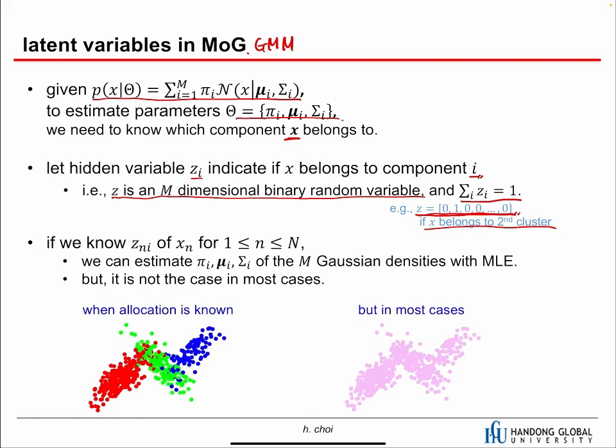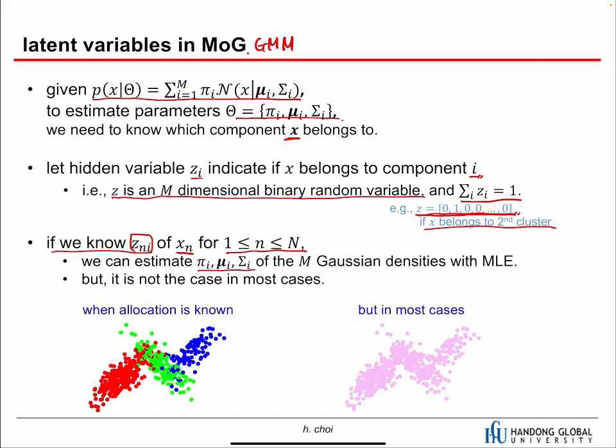And if we know z sub i of x sub n for all n, which means for all the samples we know which component each one belongs to, then the estimate is simple.